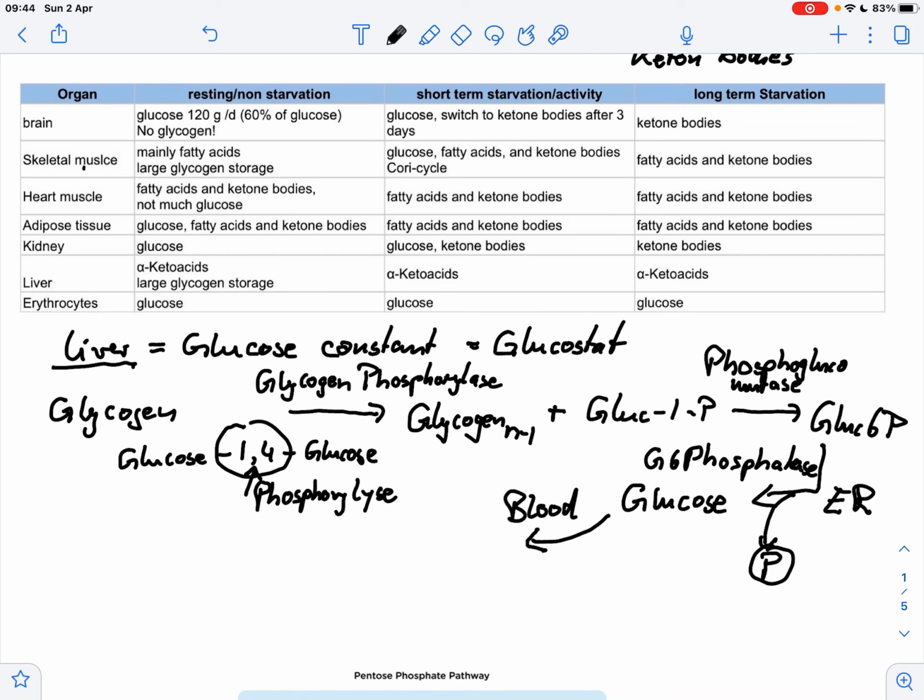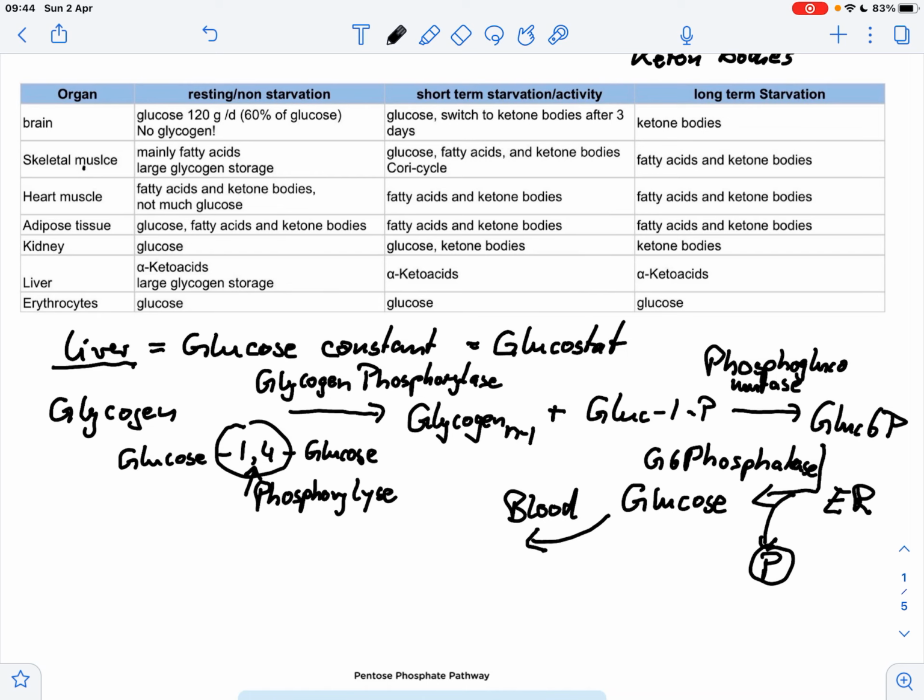So muscle cells cannot provide the blood with additional glucose. They are basically pretty selfish. They keep all the glucose from the glycogen that they store for themselves in the form of glucose 6-phosphate.